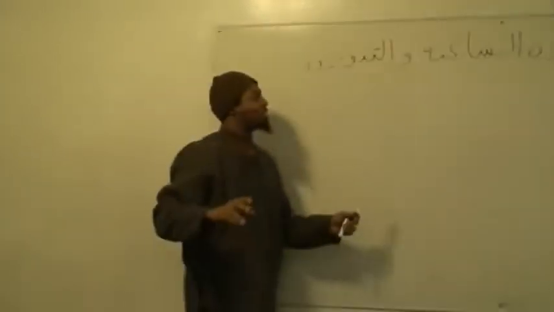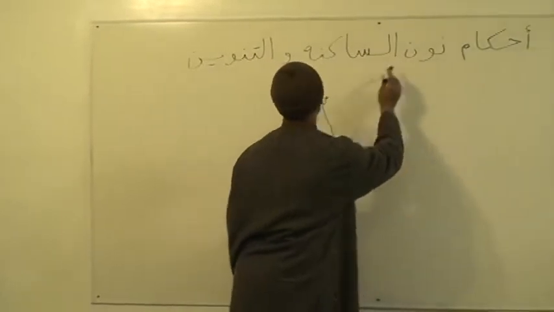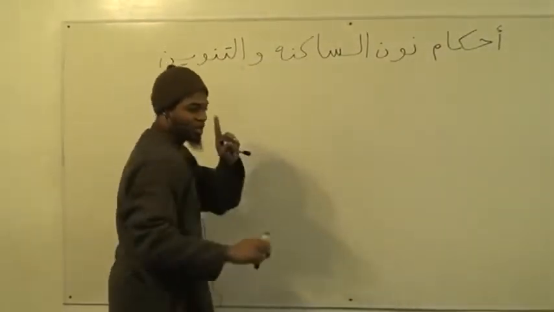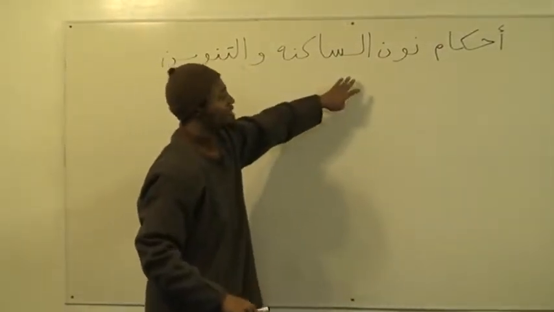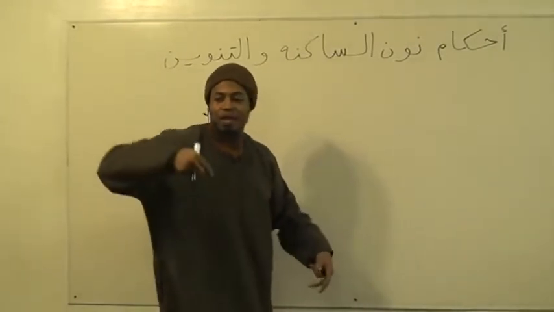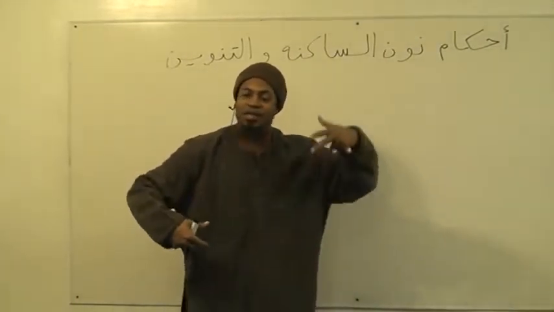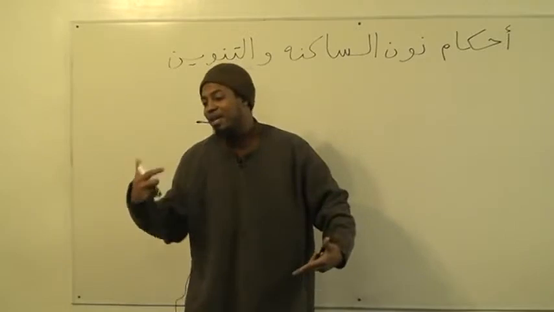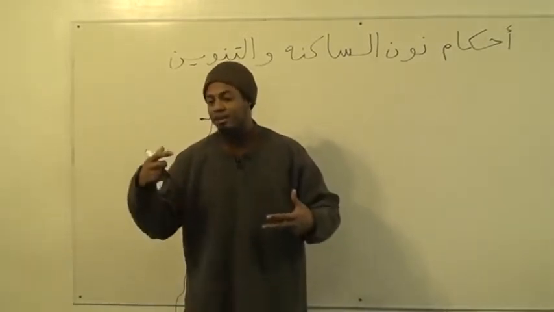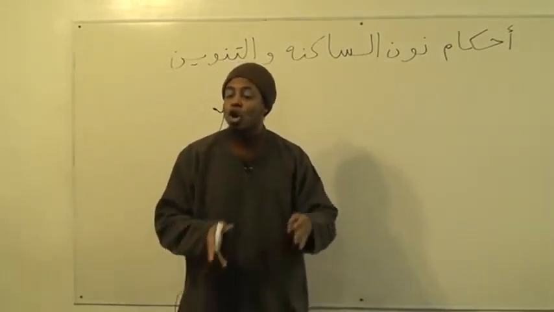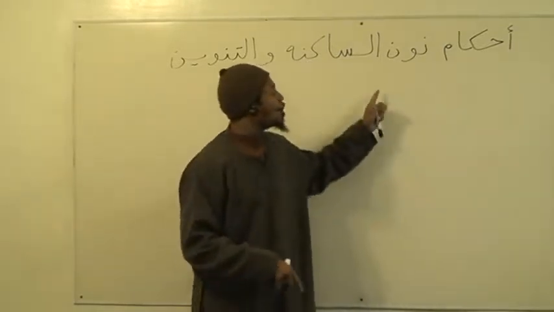Now the difference between the Noon as-Sakina and the tanween, there's a big difference. Noon as-Sakina happens at the beginning of a word, the middle of a word, or at the end of a word. But it happens in one word.